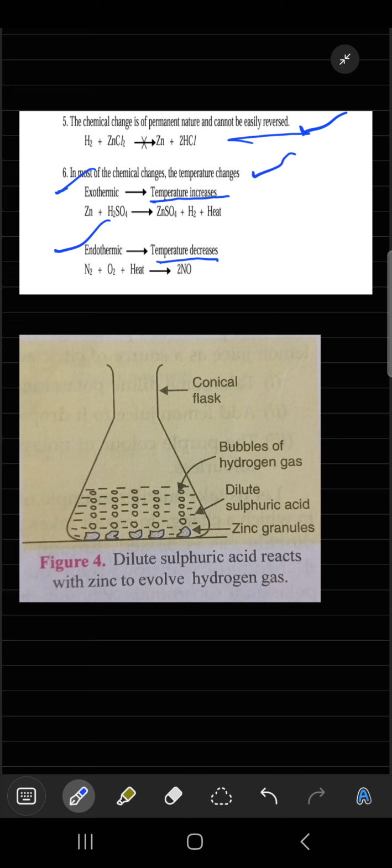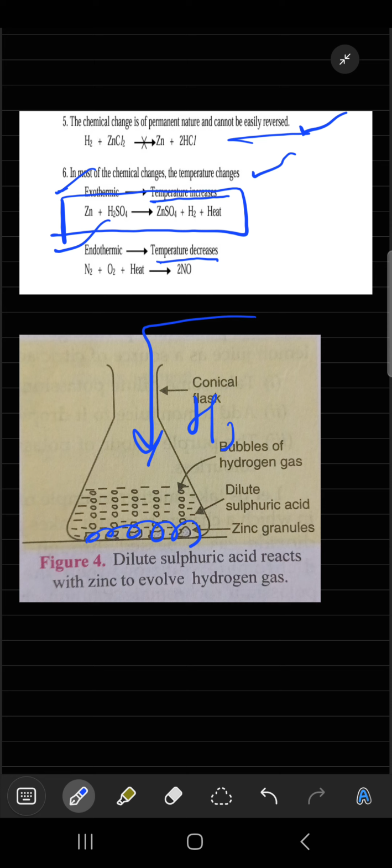The example for the exothermic reaction is when zinc granules react with H2SO4, there is a formation of zinc sulfate and there is an evolution of hydrogen gas, as you can see in the figure, and the heat is evolved. So it is an exothermic reaction.